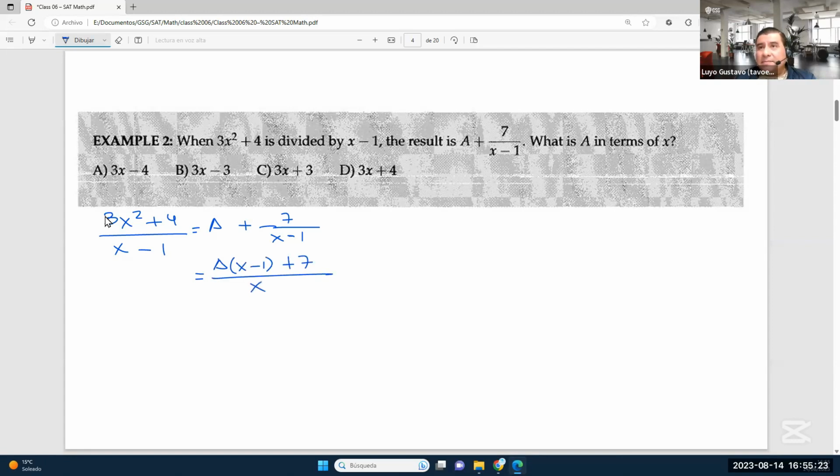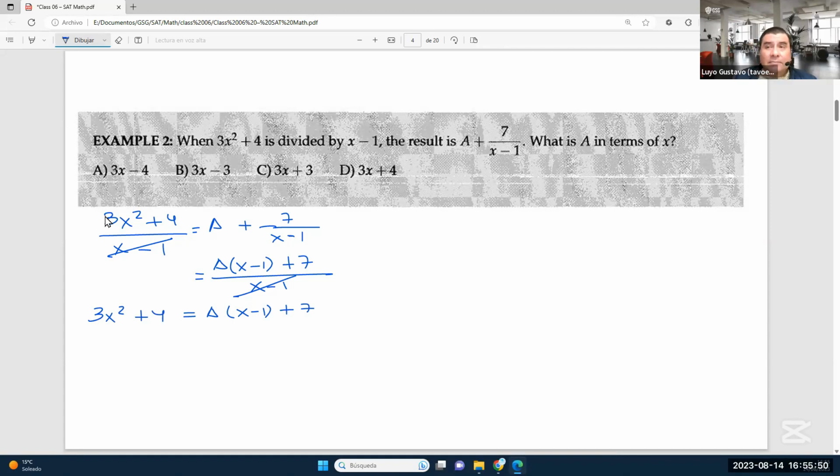And this is it. I have now 2 fractions on both sides of this equality. So if the denominators are the same, it follows that the numerators must be the same. 3x squared plus 4 must equal a times (x minus 1) plus 7.